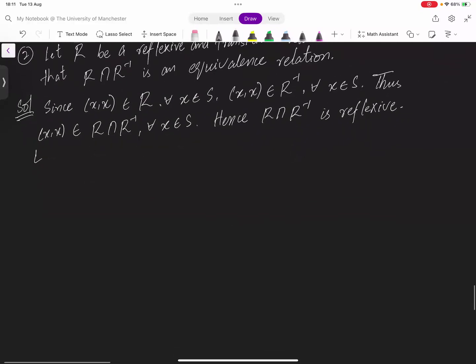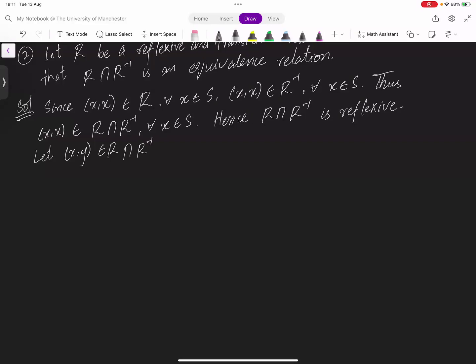Now, we assume that (x, y) is in R intersection R inverse.